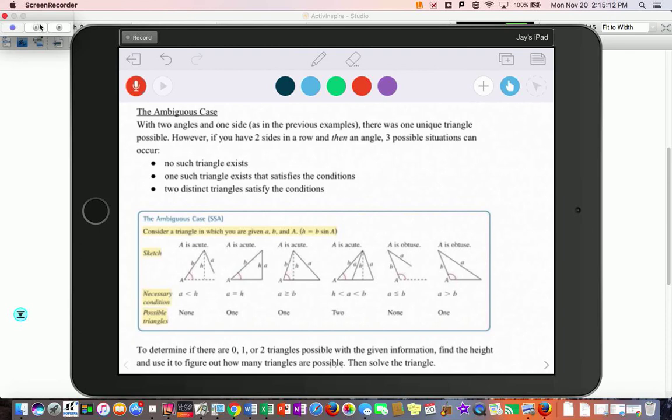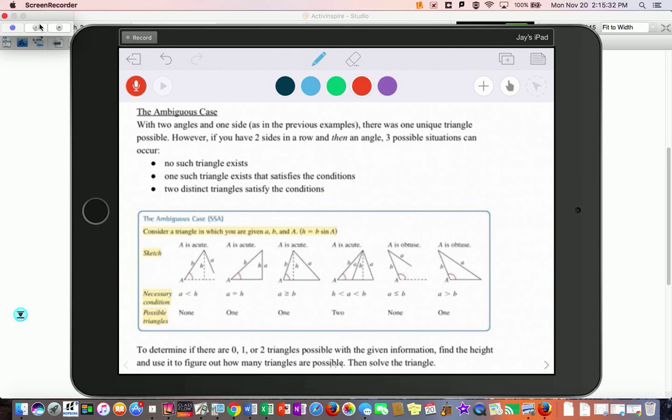All right, so the next thing is the ambiguous case. And if you Google law of sines ambiguous case, there are a bunch of videos that can come up, and maybe that might help explain stuff too. But basically, we're going to break this into two situations.